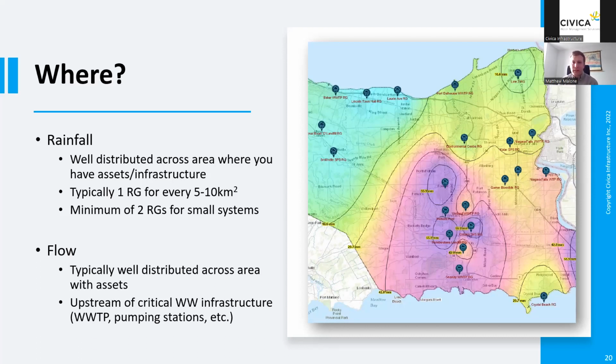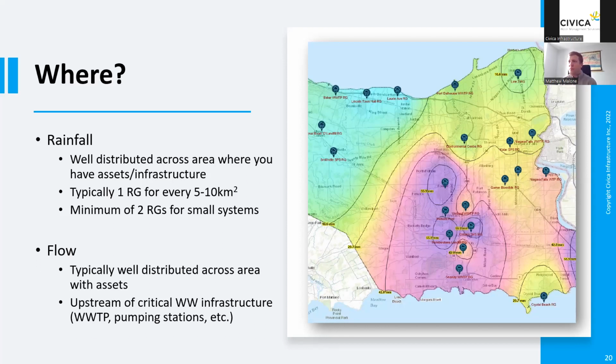Some municipalities are pretty small. They may not even be that size, but try to have a minimum of 2 rain gauges for small systems, just as a backup and to make sure they're corroborating what each rain gauge is saying.